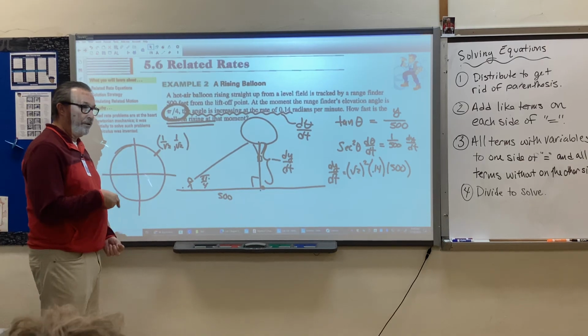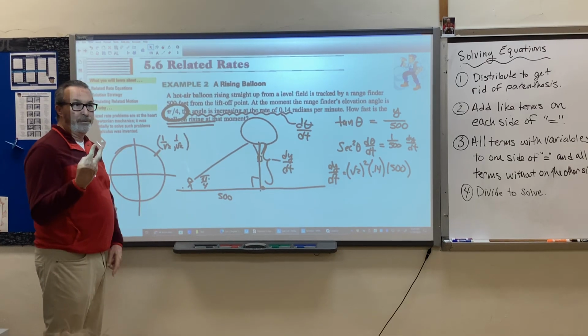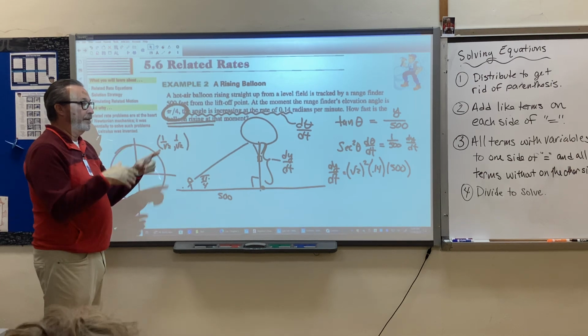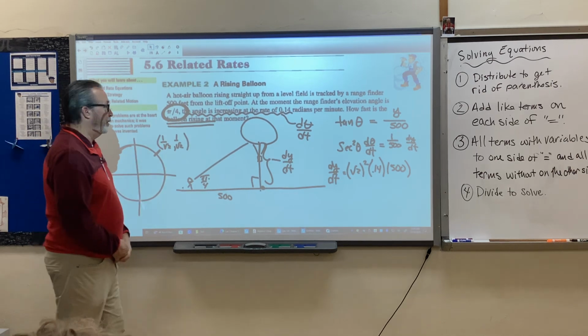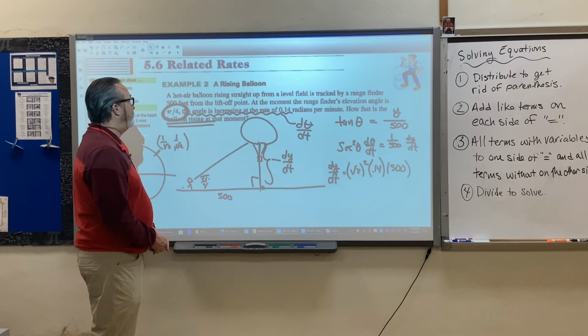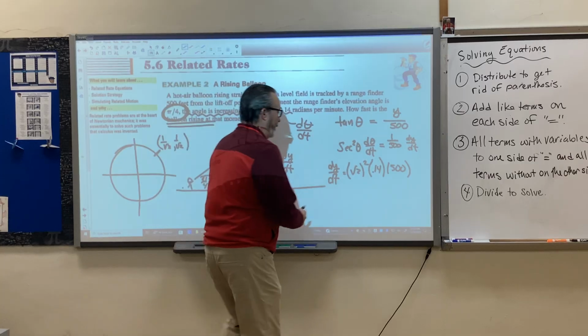And square root of 2 squared is 2. 2 times 500 is 1,000. 1,000 times 0.14. Do you get 140? 140 feet per minute.